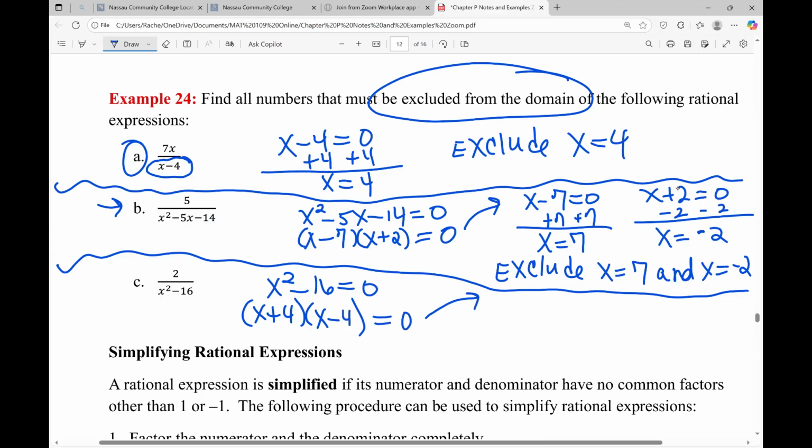Now set each factor equal to 0. So I have x plus 4 equals 0 and x minus 4 equals 0. When I solve, I get x equals negative 4 and x equals positive 4.